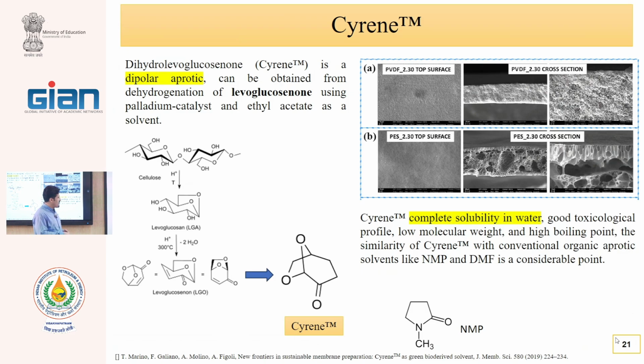The membrane prepared with NMP is very stable, no tear, but the membrane fabricated with Cyrene, when stretch is applied, tears very easily. Therefore, the polymer can be dissolved in Cyrene, and we can produce the membrane, but the strength of the membranes is low.